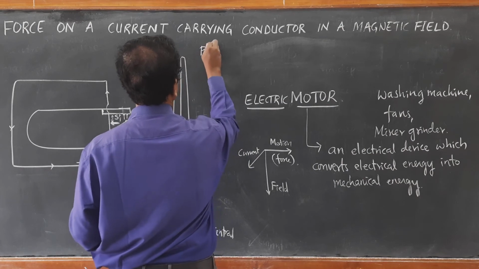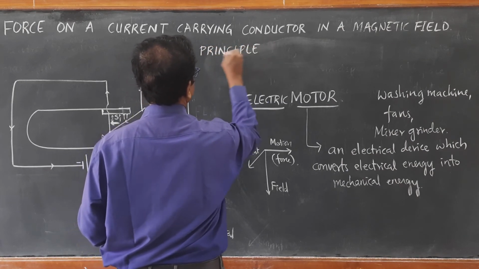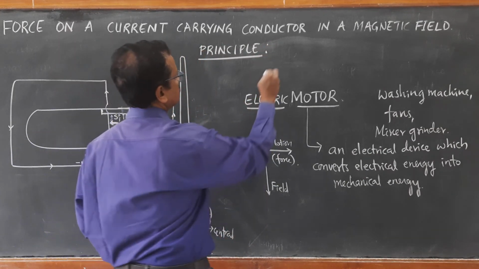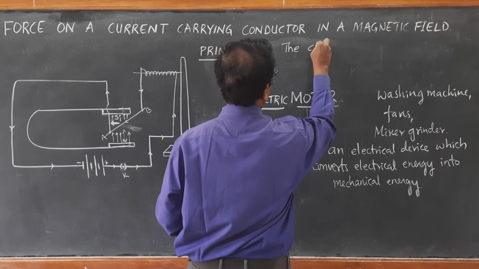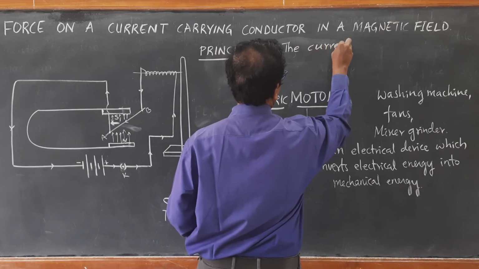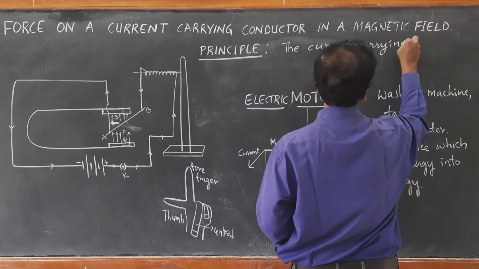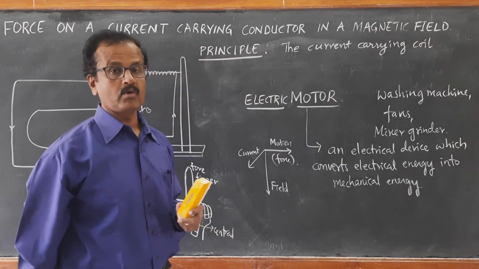Principle of electric motor. The current carrying coil is essentially a rectangular coil.